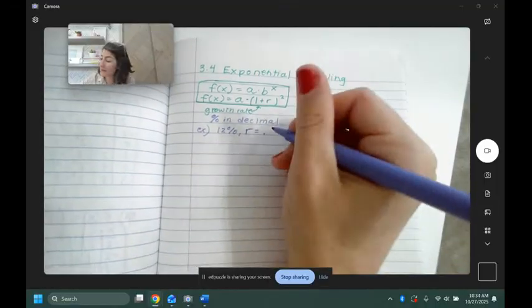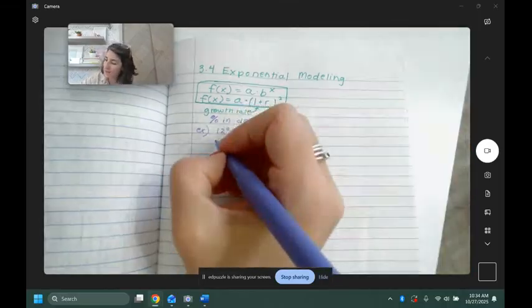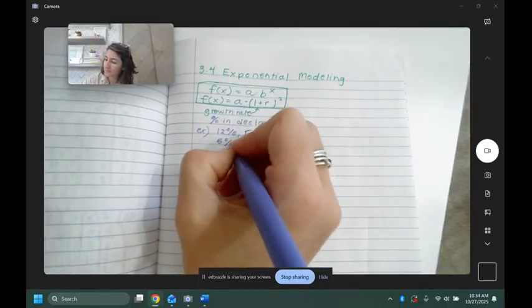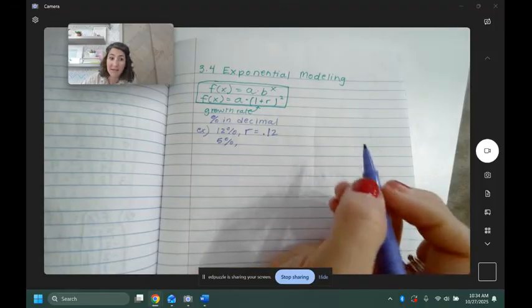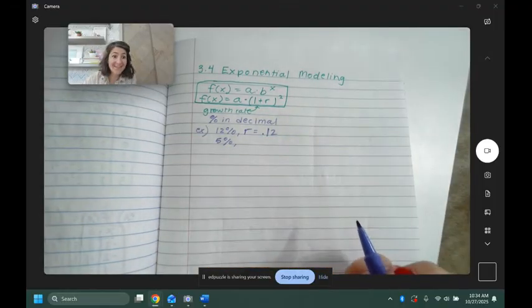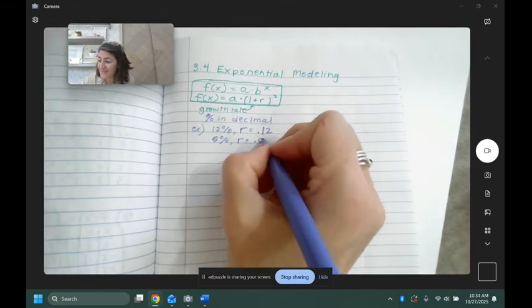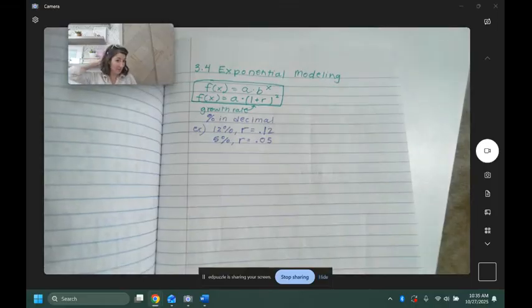So 12 divided by 100 is 0.12. So your rate has to be a decimal. Also, like 5%, if it's a number less than 10, 5 divided by 100 is 0.05. So you have to move that decimal point 2 places.